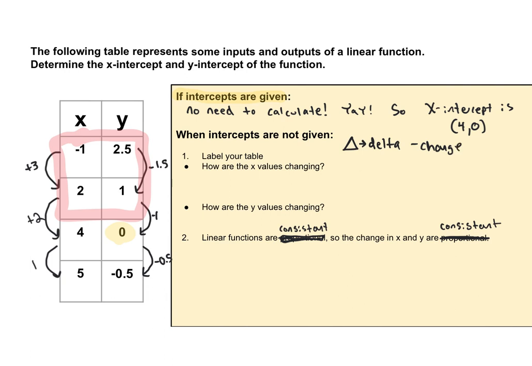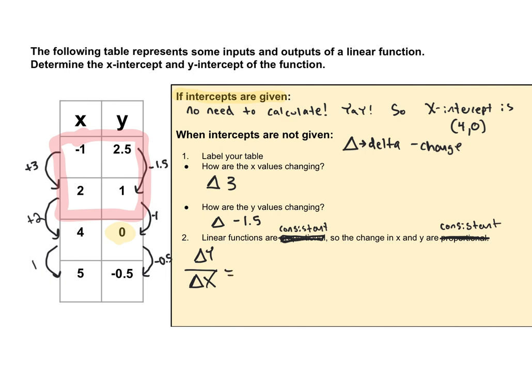And what it means is change. And so we're going to say, how are your x values changing? Well, our x values are, in this case, we would say a change of 3. And our y values in these cases is a change in -1.5. And so in order to calculate the change that is happening here, we would want to say our change in y divided by our change in x is going to be consistent throughout this entire linear function.